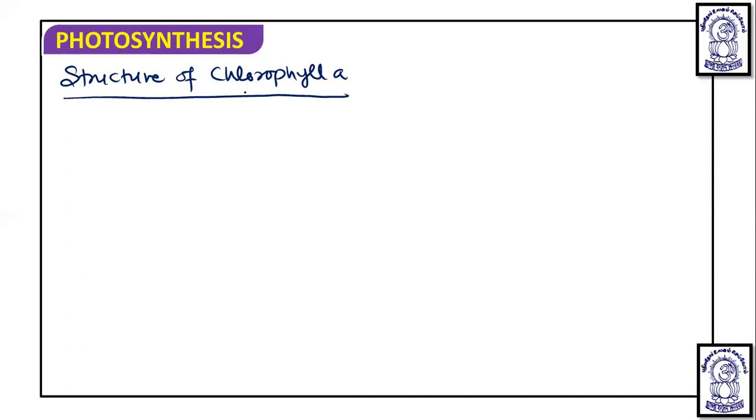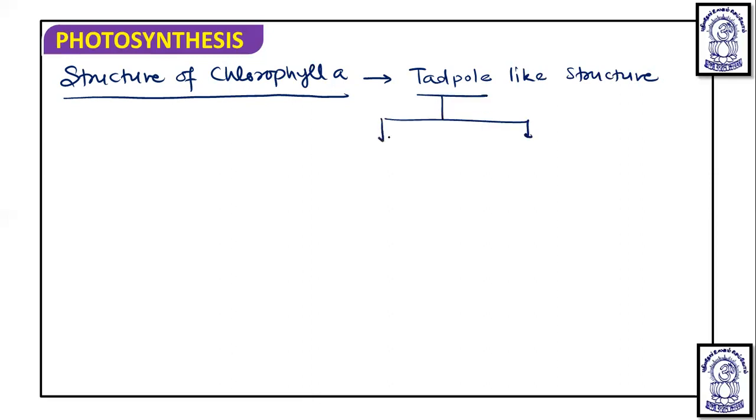Now we are going to talk about the structure. When we talk about the structure of chlorophyll A, it has a tadpole-like structure. In this tadpole-like structure, it has two components.